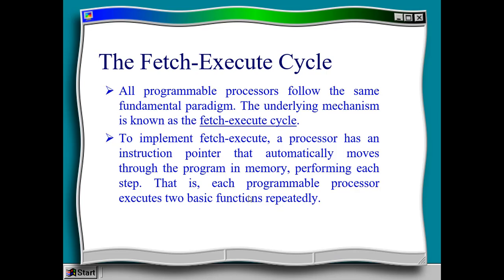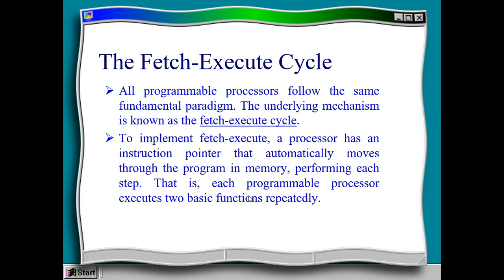To implement the fetch execute cycle, a processor must have an instruction pointer that automatically moves through the program in memory, performing each step. Right? So at every level, a programmable processor implements this process.